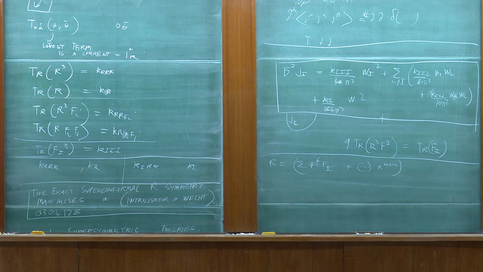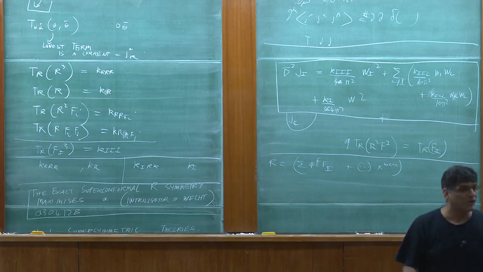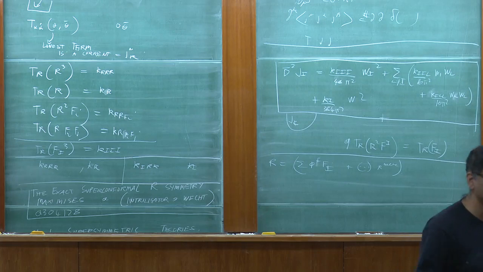How many variables did I have? As many as there were flavor symmetries. So you have as many variables as equations. And so this equation gives you a set of equations whose solution determines the true R symmetry. The variables are the phi_I's.